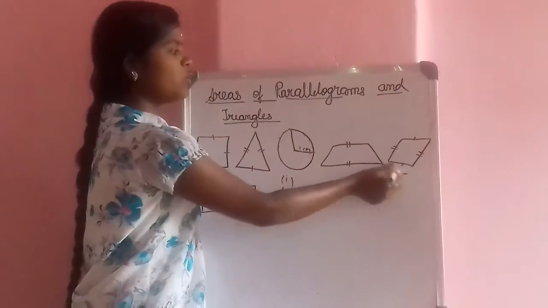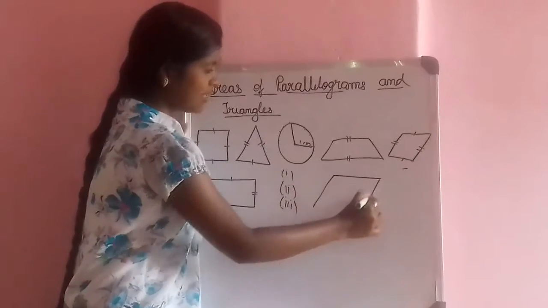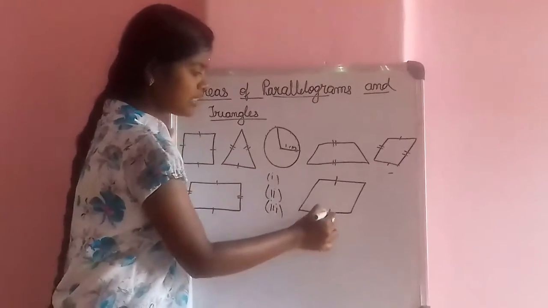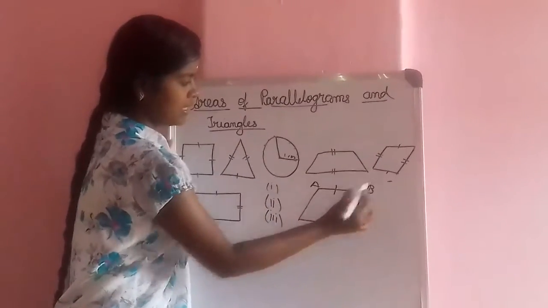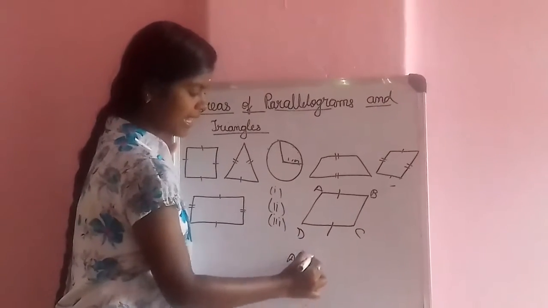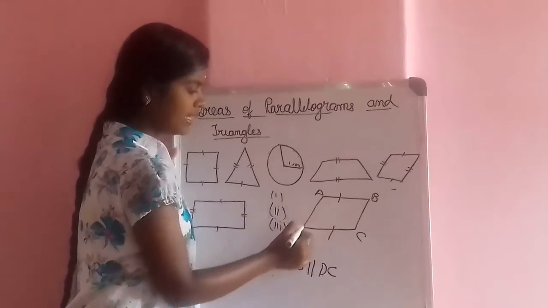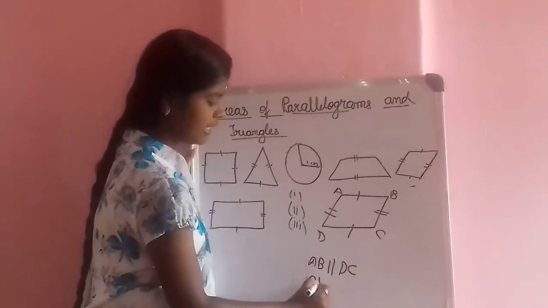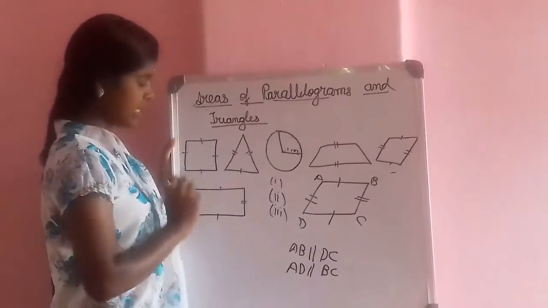Next we move on to the parallelogram. A parallelogram is similar to a rectangle or square, where 2 sides are parallel, like AB and CD. AB is parallel to CD, whereas AD is parallel to BC.